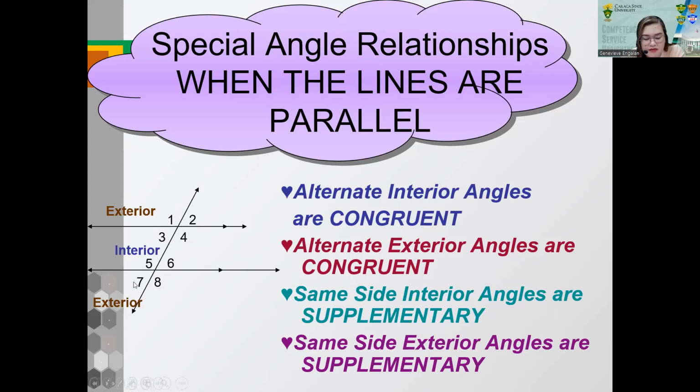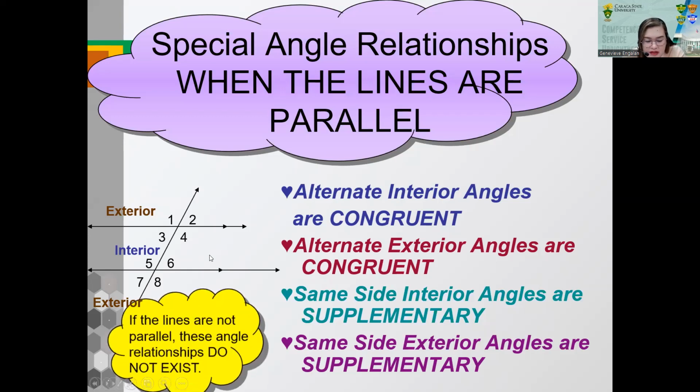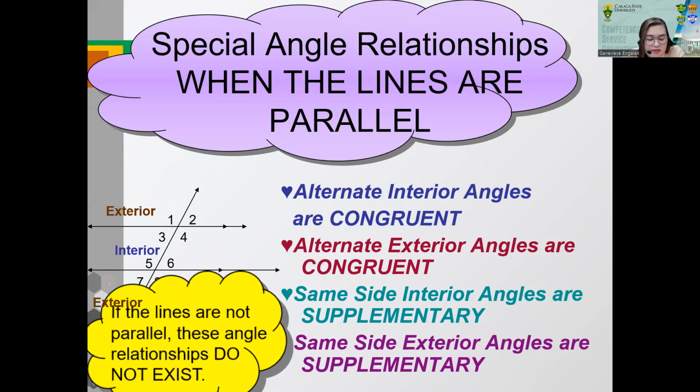So si 1 ug si 7 is supplementary. So, ang ilang sum will be 180. Si 2 and si 8 are also supplementary. Dapat ang sum nila will be 180. So, if lines are not parallel, these angle relationships do not exist. So, this is only applicable for parallel lines cut by a transversal line.